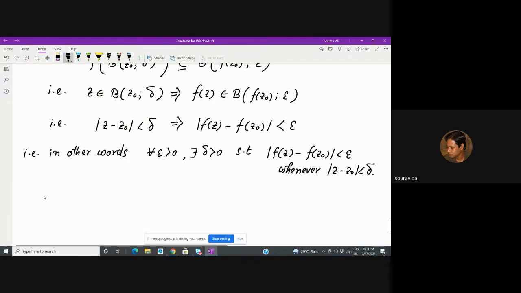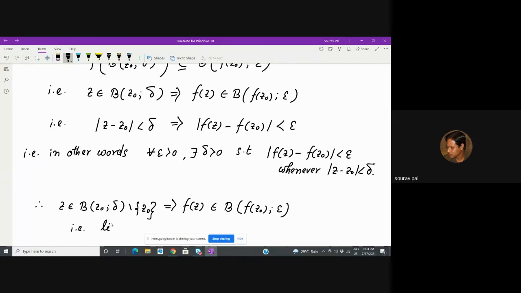Then can't we say that if z belongs to even the deleted neighborhood, this is a subset, this is a superset, so this will definitely imply it. And that means the limit as z goes to z0 of f(z) is f(z0).